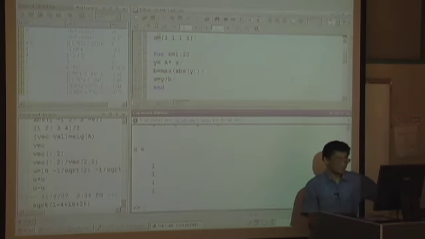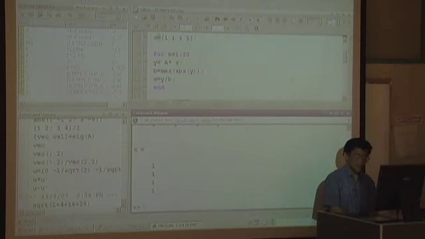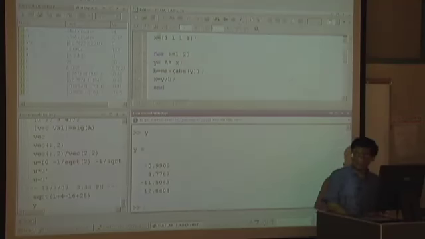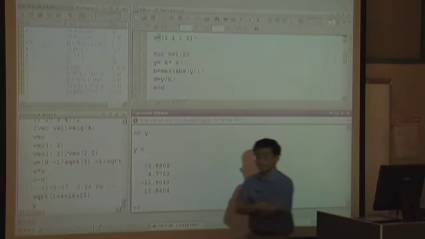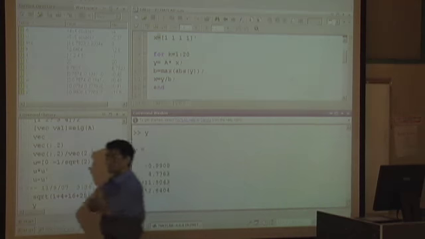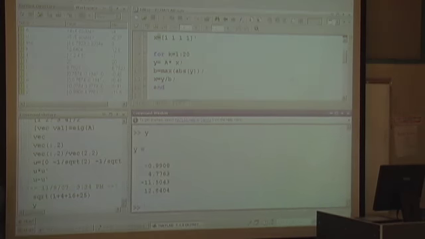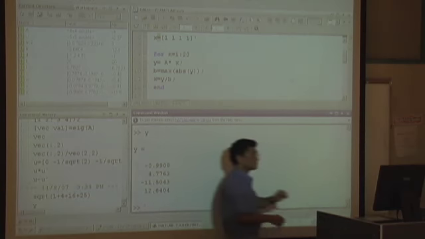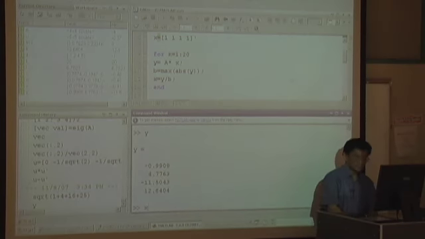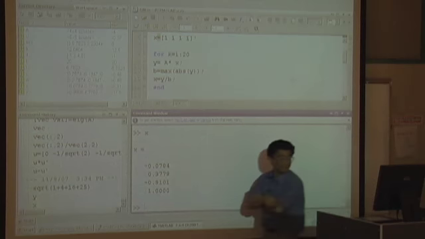Then, as you can see, Y is this thing, right? This is the maximum. X is this thing, right?